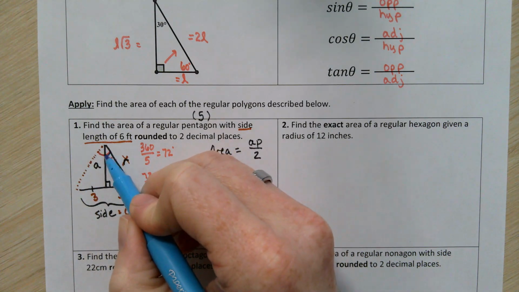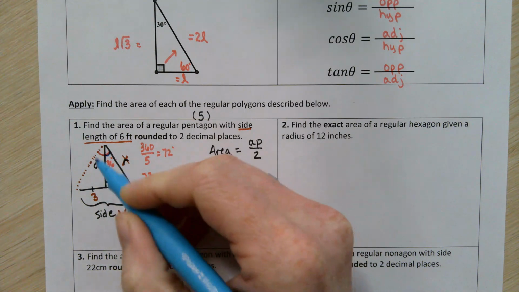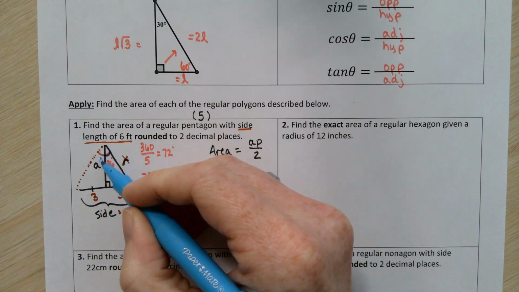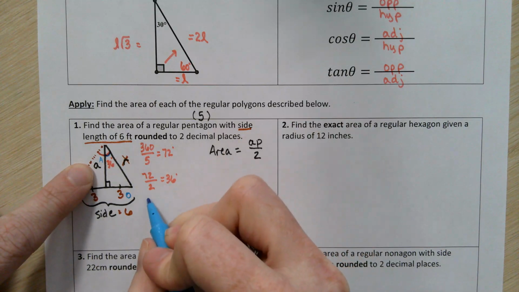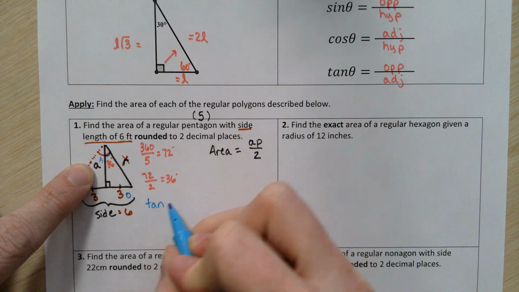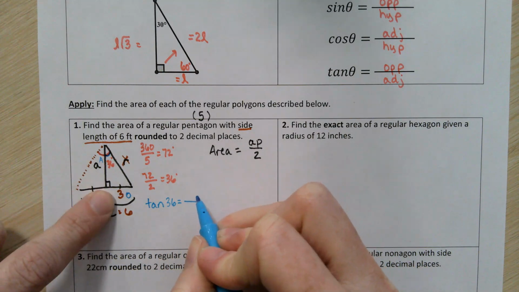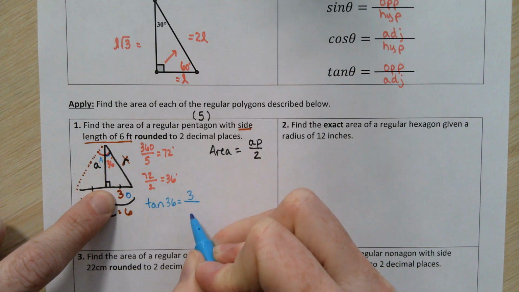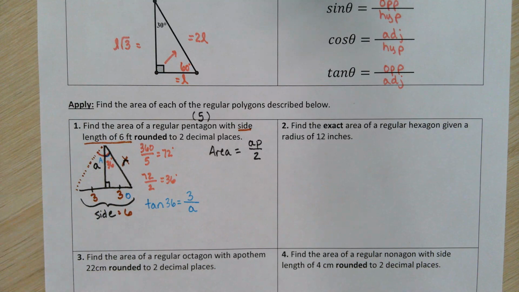So if that's my reference angle, over on the other side of the shape would be opposite, and that apothem is my adjacent side. So to track that down, I'm going to need a tangent equation where 36 degrees is the reference angle, and the opposite side is 3, while the adjacent side is A, the apothem I'm looking for.